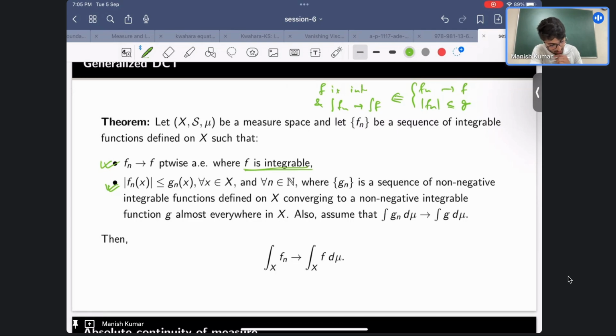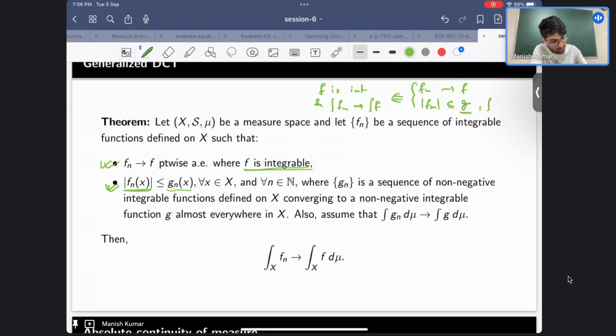And the second thing is that the modulus of f_n(x), so this is something extra that you assume, but here you get some relaxation. What is the relaxation? The modulus of f_n is not just bounded by a fixed function, but by a sequence of functions g_n. This g_n should be integrable and should converge to some non-negative integrable function g. Earlier you had this g where g was integrable.